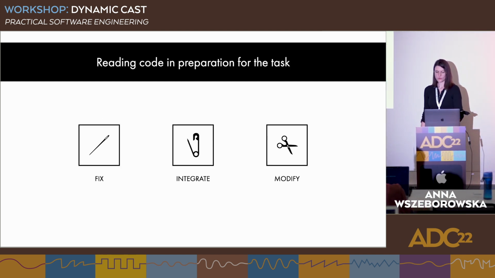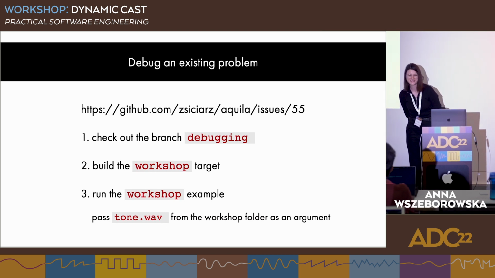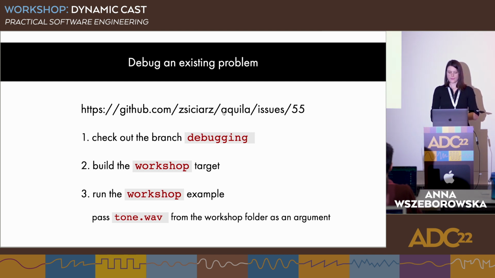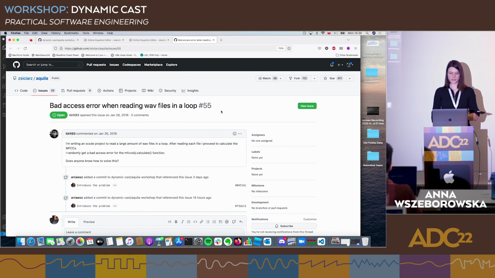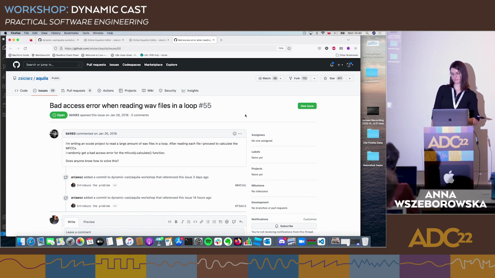So what's going to be a better way of practicing it than debugging and fixing a problem? If you go to the original repository that we modeled our repository on, because as Harriet mentioned, our fork is stripped of third-party dependencies that would make you install more stuff, and you go through their issues list, there is an existing issue that somebody reported, which says: bad access error when reading WAV files in a loop.